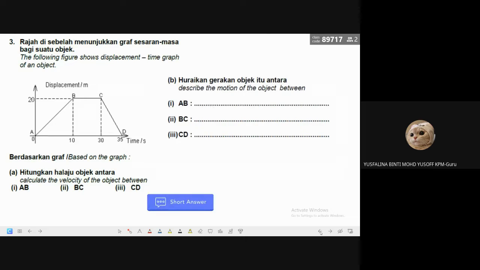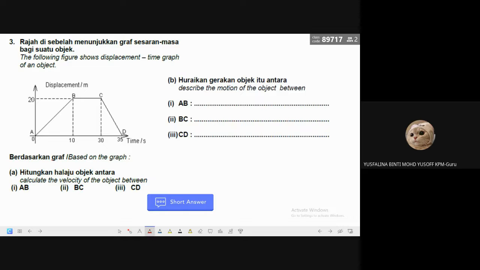Alright, so it says here, calculate the velocity of the object between A and B. Okay, velocity. So this is the graph of displacement against time, right? How do you find the velocity? Find the gradient. To find the gradient, you need 2 points, right?